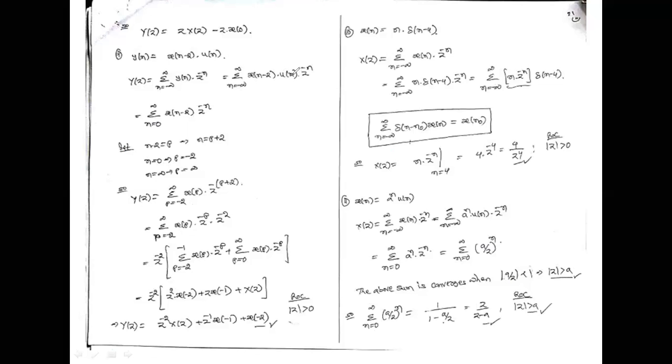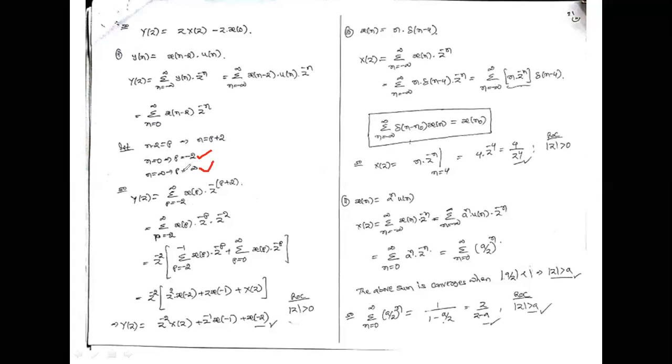And the mu of n changes the limits from 0 to infinity and keeps the value 1 here. 0 to infinity x of n minus 2 z power minus n. N minus 2 is equal to p, so you can assume n is equal to p plus 2. Changing the limits of n to the p values, it is minus 2 to infinity.